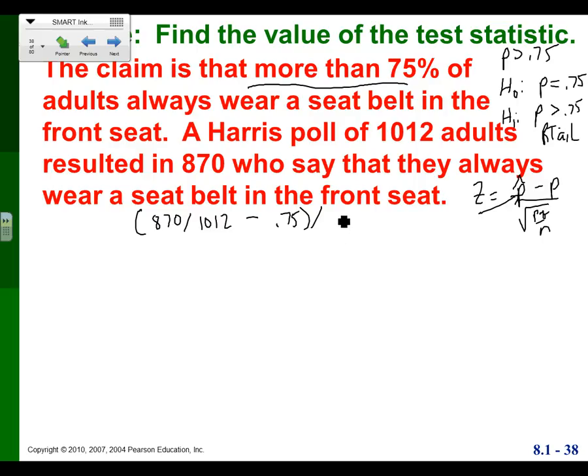Keep punching. There you go. Square root of parentheses 0.75 times 0.25 divided by 1012.